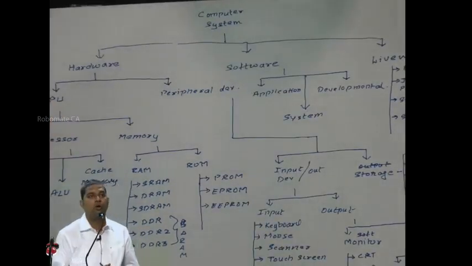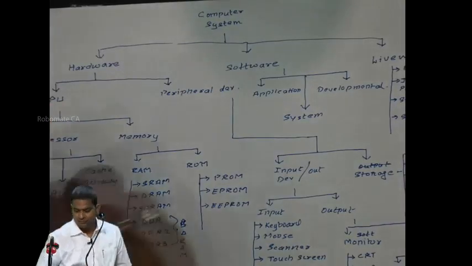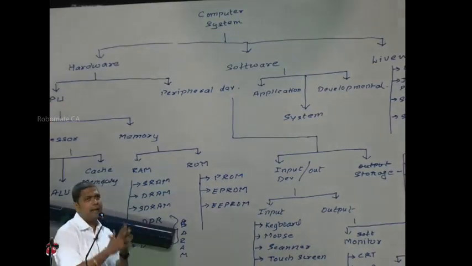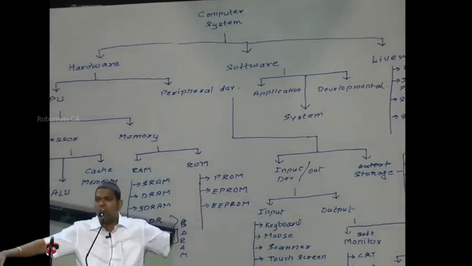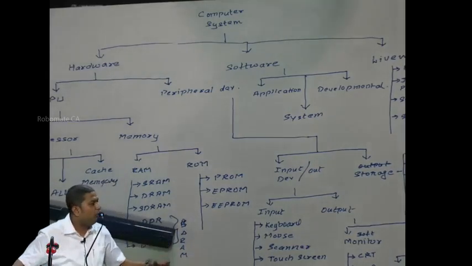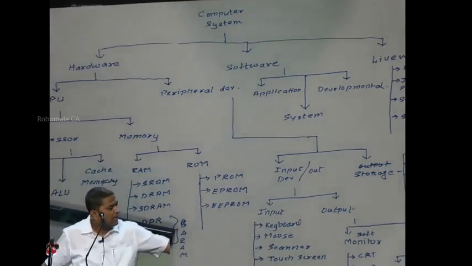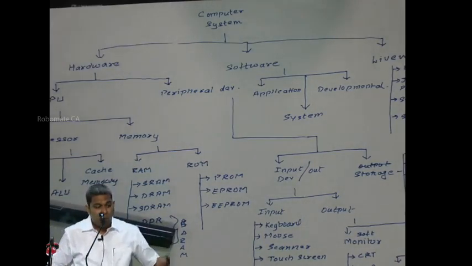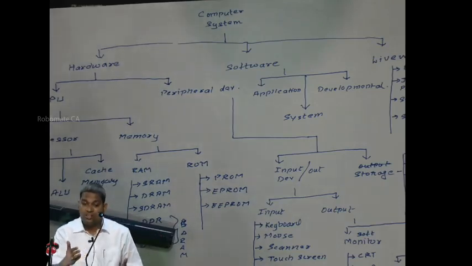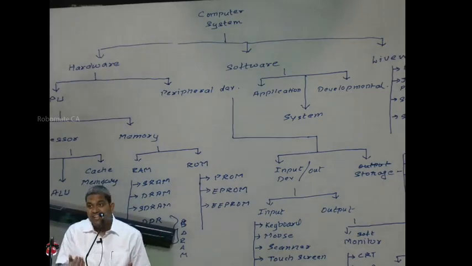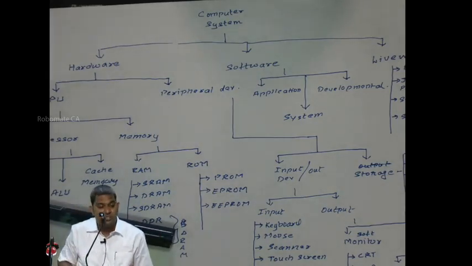This person is called what? System analyst. Now, system analyst is that person who has got a complete view of the software, complete view of the project. He knows how the data will come in. He knows what data will be processed. He knows how the data will be processed. He knows where to store the data. He knows where exactly is the intermediate storage.